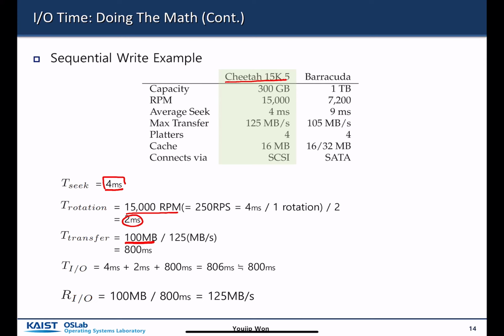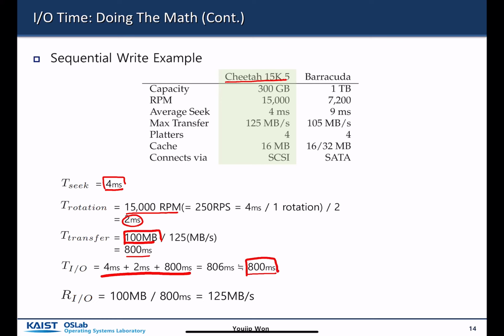And then the transfer time for transferring 100 megabytes is 800 milliseconds. So here, it's happy because most of the time for transferring 100 megabytes of data blocks is consumed by data transfer time.